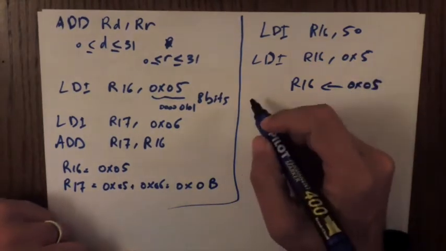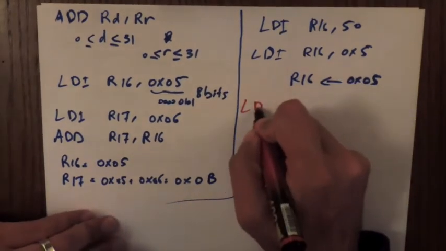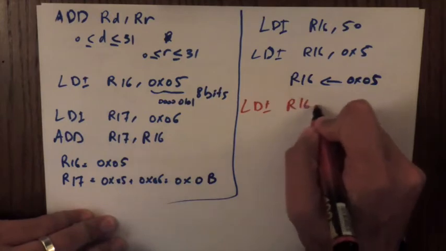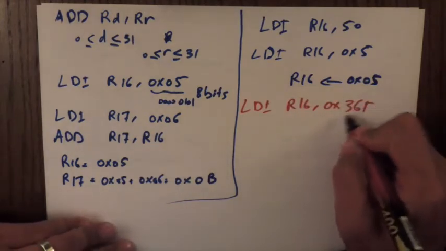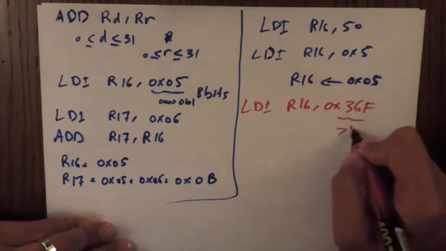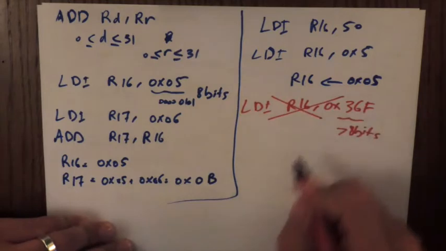Doing something illegal or wrong, like LDI R16 0x36F, we know this is more than 8 bits, so this is wrong.